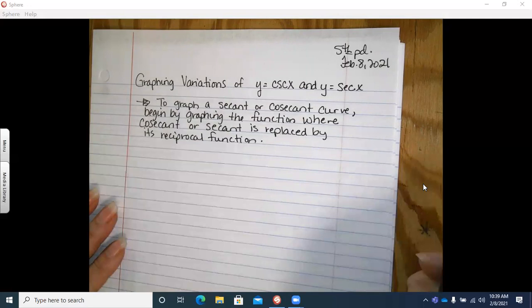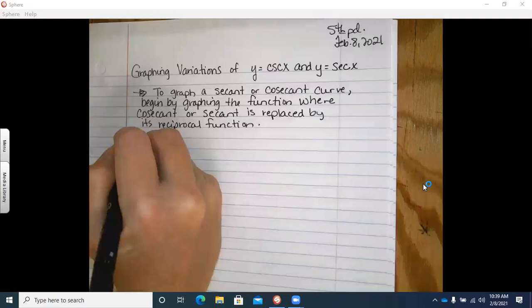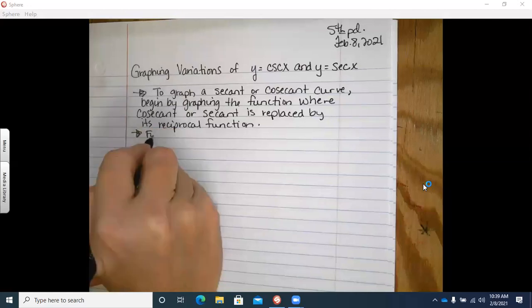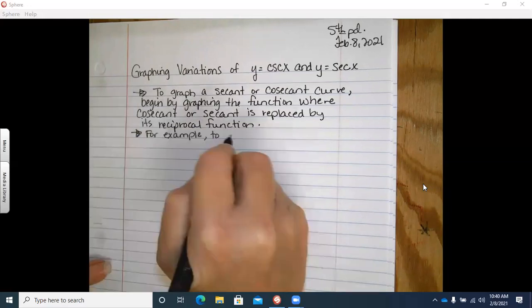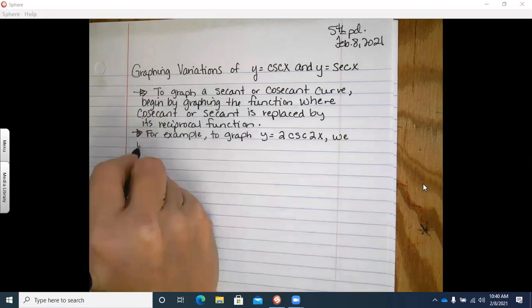For example, to graph y equals 2 times the cosecant of 2x, we would use the graph of y equals 2 times the sine of 2x.